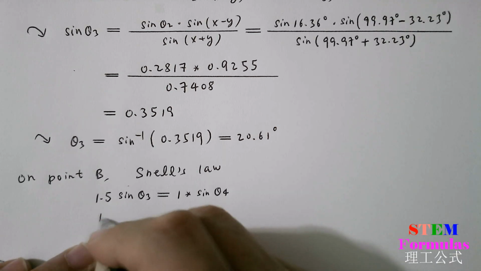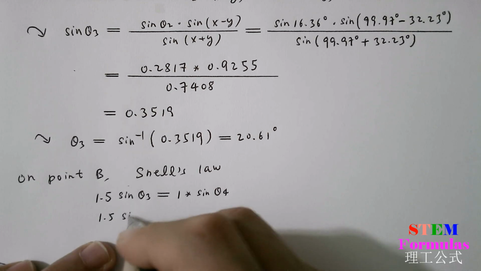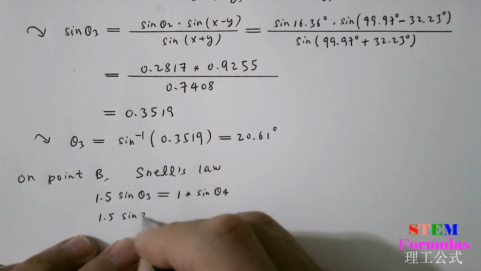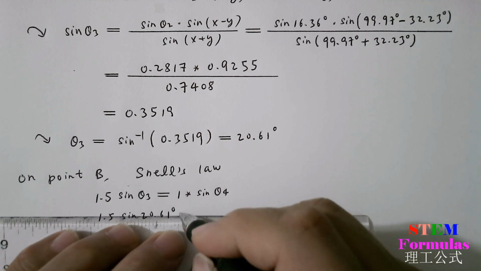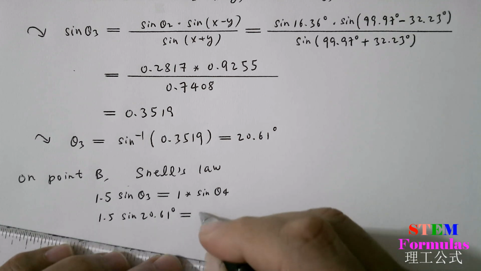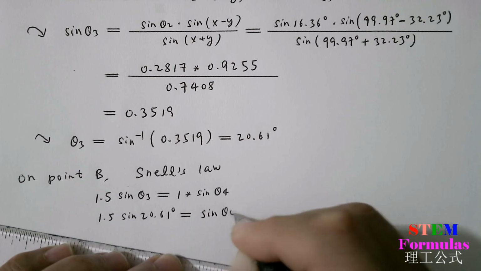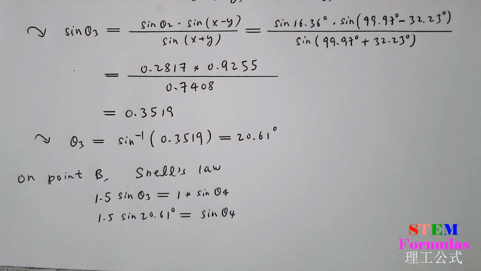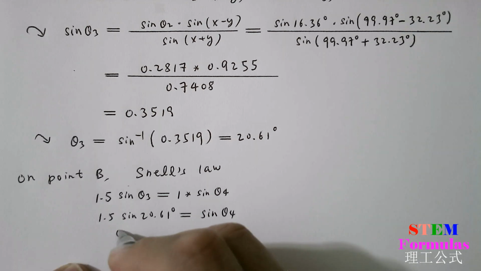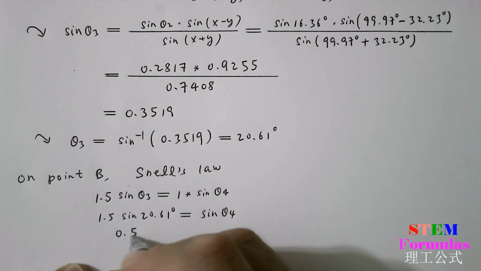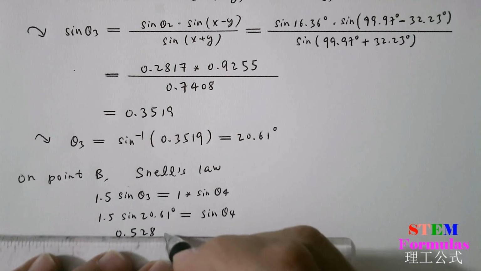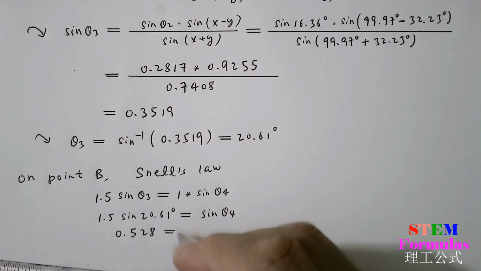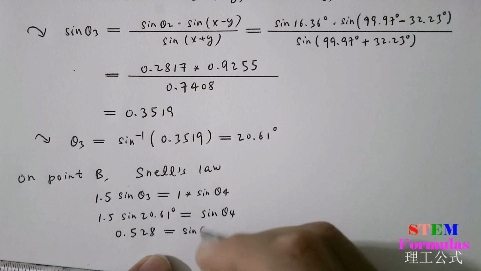So that means 1.5 sine of 20.61 degrees equal sine theta 4. 0.528 equal sine theta 4.